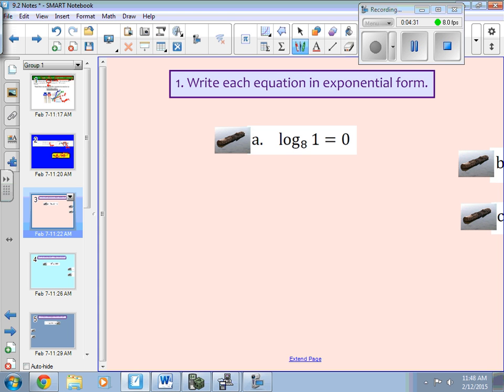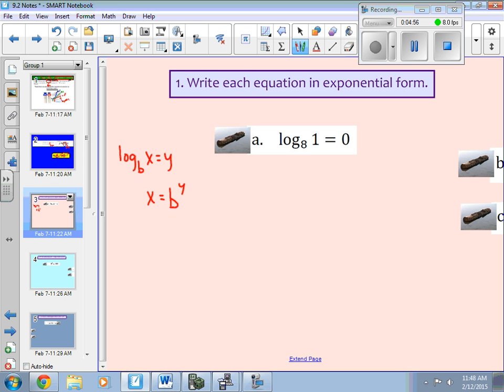So in number 1, part A, they want us to write this in exponential form. We want to use that same little conversion we just had. Log base b of x equals y is the same as x equals our base to the y power.